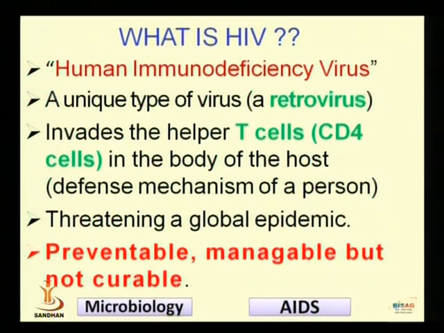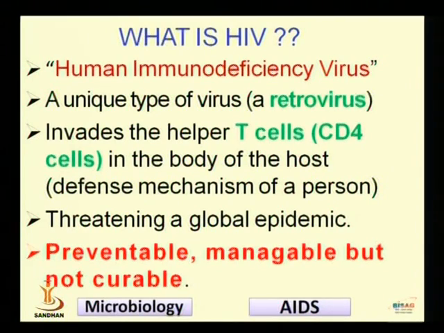Therefore, when the HIV virus attacks helper T cells and destroys them, one of the important defense systems of the body is weakened. The count of CD4 cells decreases very significantly.